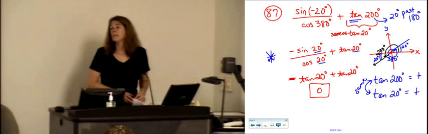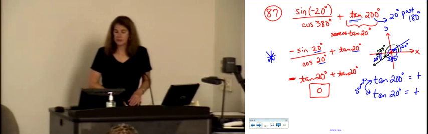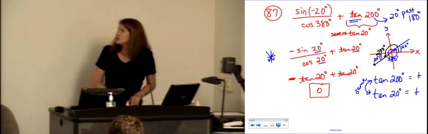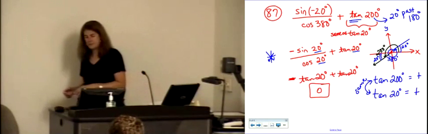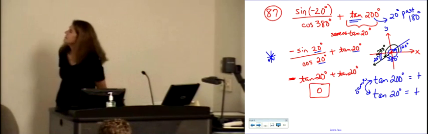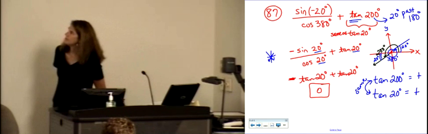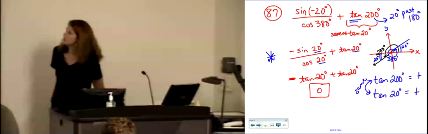Yes, go ahead. I got 200 minus 20 degrees gave me 180 degrees, and that equals 0 still. Is that completely breaking all the rules? 200, no, wait a minute. Tell me this again. Negative sine 20 over cosine 20. I kept the tangent 200 degrees, and then those ended up being tangent of negative 20, sine and cosine.